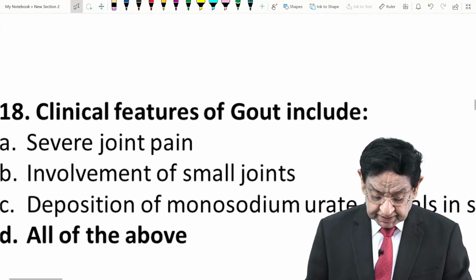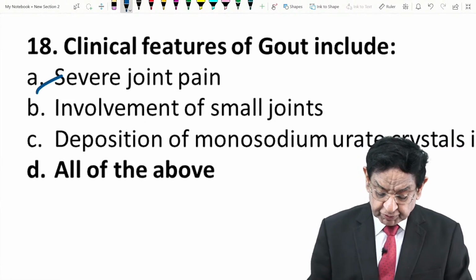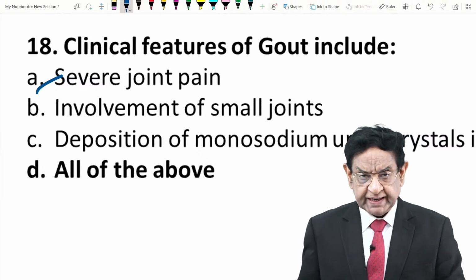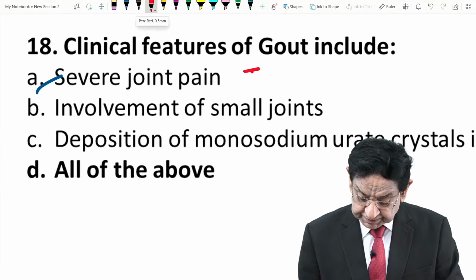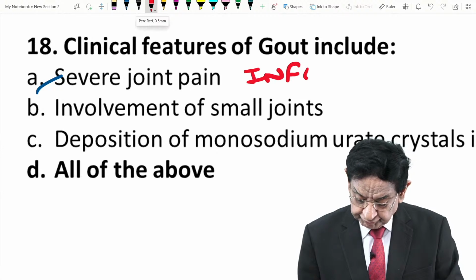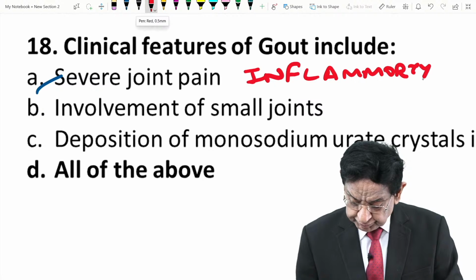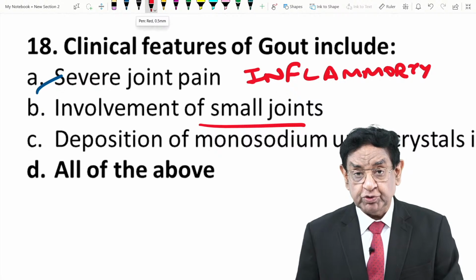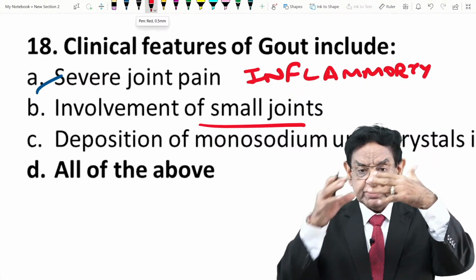So the clinical features of gout include severe joint pains, I told you. The great toe joint: red, hot, tender. It's a type of inflammatory arthritis. Involvement of small joints, especially the great toe joint, but it can involve joints of the hand also.